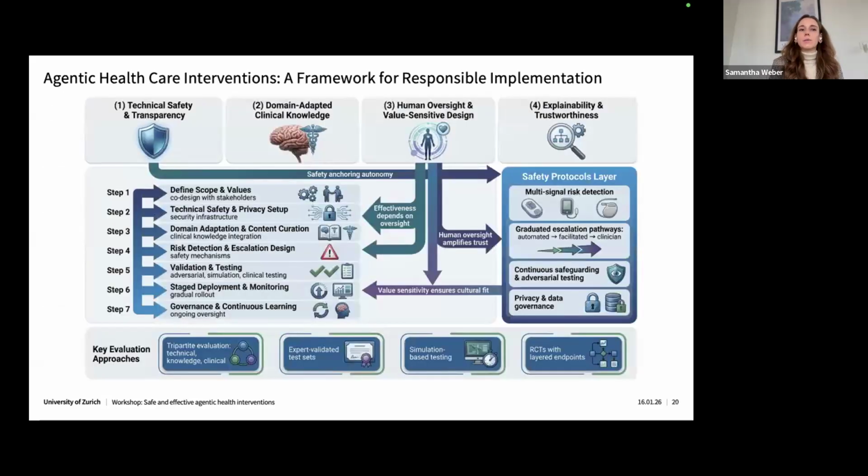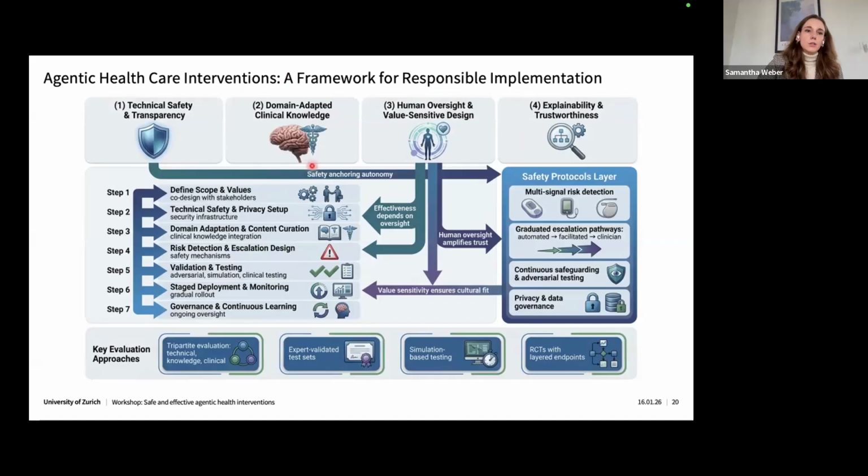This is my last slide, but probably the most important one, summarizing a framework for responsible implementation. It starts with the technical safety and transparency pillar, which goes with explainability and trustworthiness, as we have seen in TrustLLM.